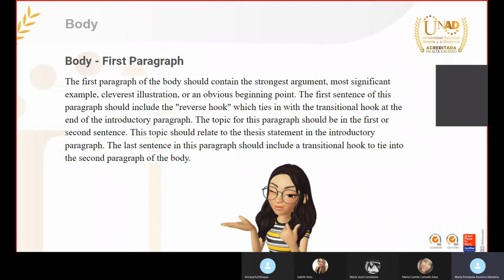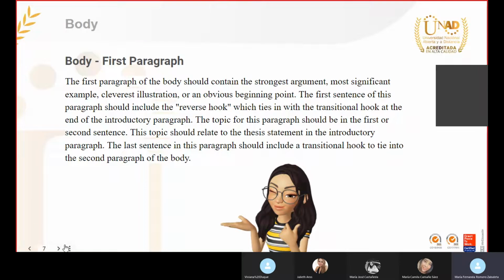Okay, you don't always have to write a long paragraph. You can use only 3 sentences. As you can see here, the first sentence should include this transitional hook, the reverse hook of the last one we used. The topic of the paragraph, you can use a second sentence to include it. And third, the last sentence should include a transitional hook to tie into the second paragraph.